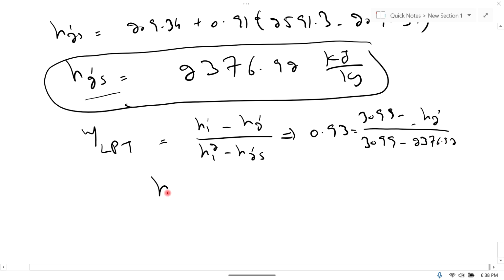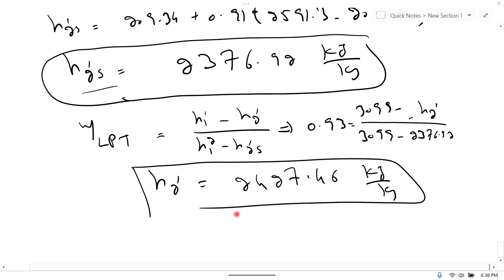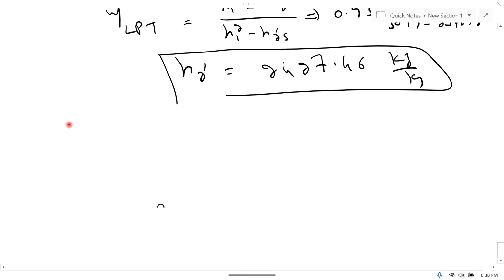So only H2 dash is unknown, so find H2 dash, which is equal to 2427.46 kilojoule per kilogram. Now work of low pressure turbine.